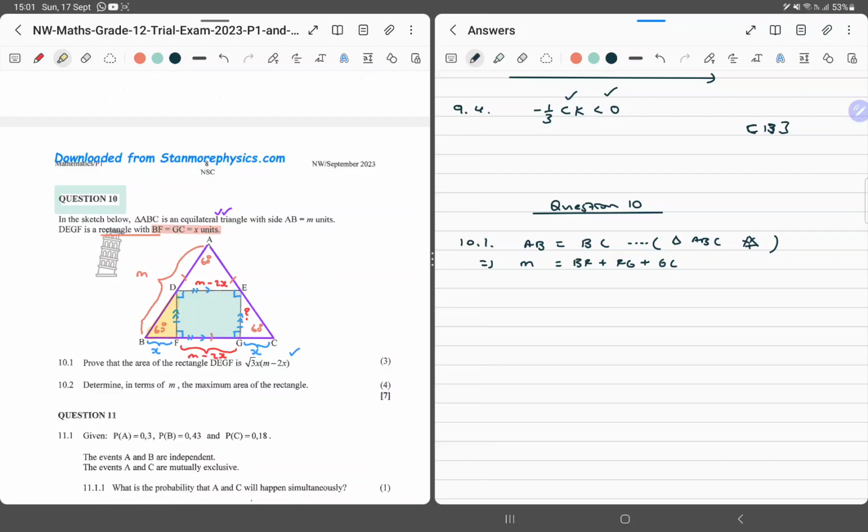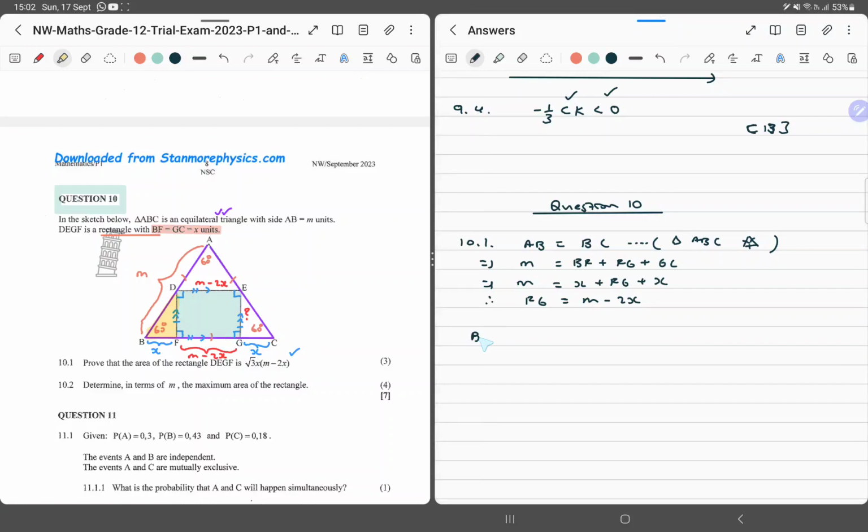Which is going to be M equals BF, which is X, plus FG, which is what we want, plus GC, which is X. We can say therefore FG, which is what we're interested in, is equal to M minus 2X. Can you see? Of course, I was writing those easily, but you can't just show up with the answer. You've got to show us how you got this one, because it's very important. Okay, that's number one.